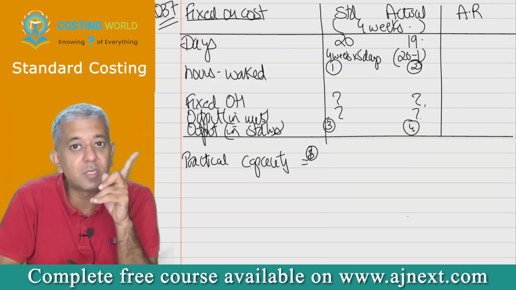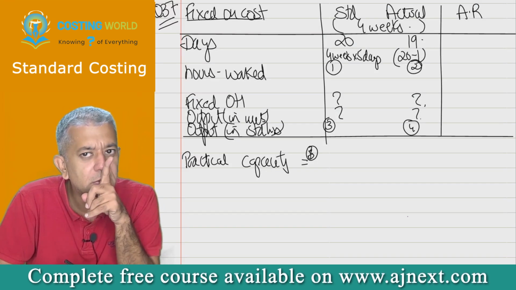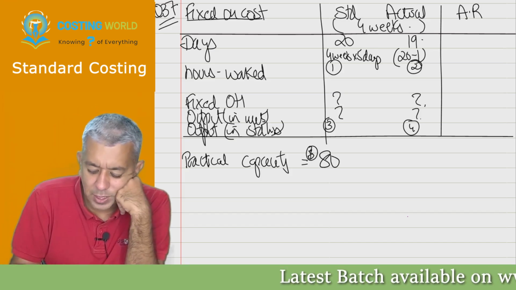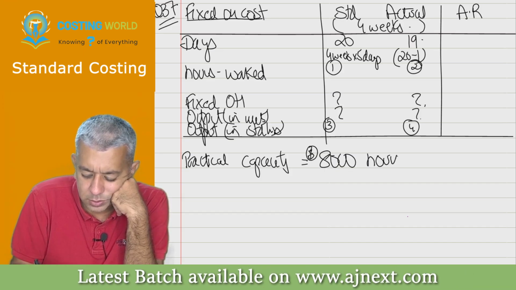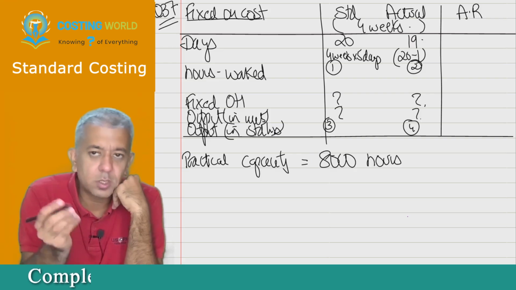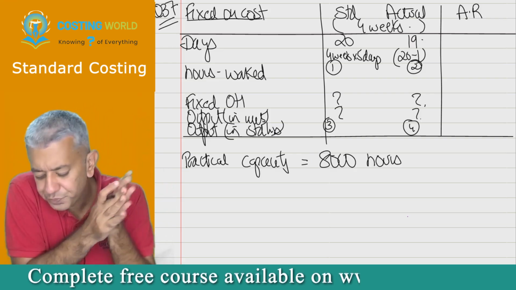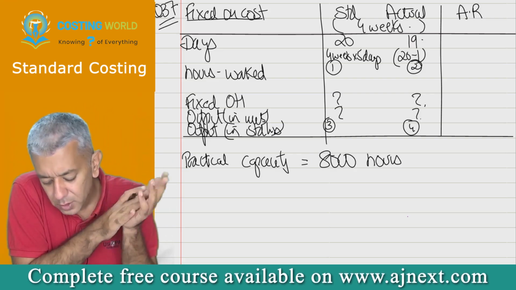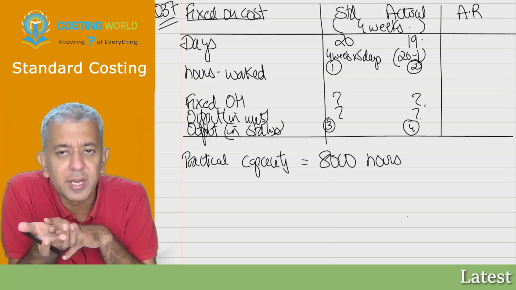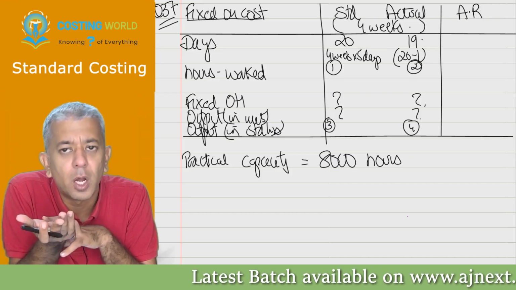What comes in the format is normal capacity, no? Correct? Yes, sir. So, therefore, this is 8,000 hours. We could have had 50 employees, could have had maximum. But in reality, how many employees did we have here?